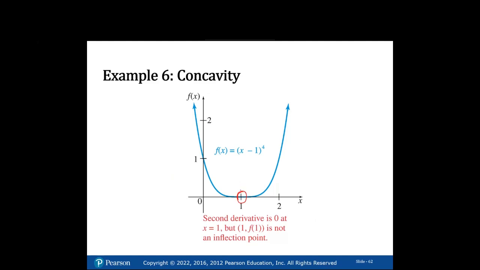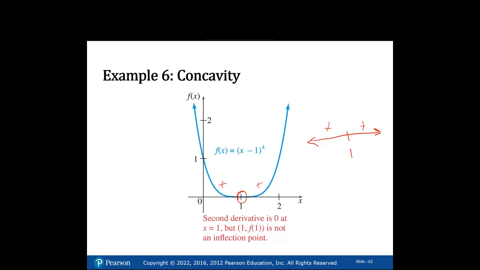Now, this is not an inflection point because I'm not switching concavity. So if I were to write out a line and test my concavity on this, I'm going to put 1 as my inflection point. And if I tested it, it would tell me that I was concave up on the right and concave up on the left of it.